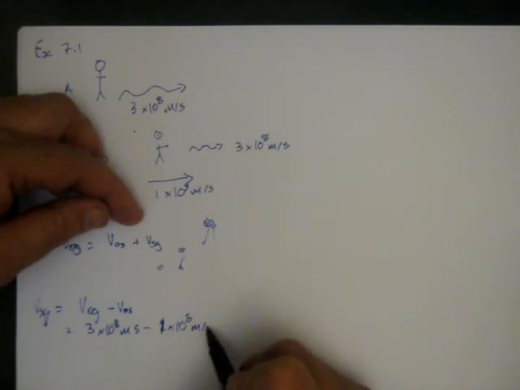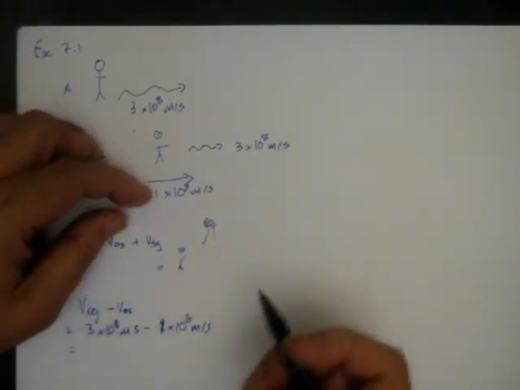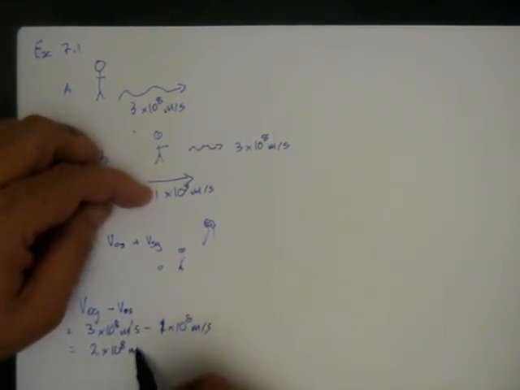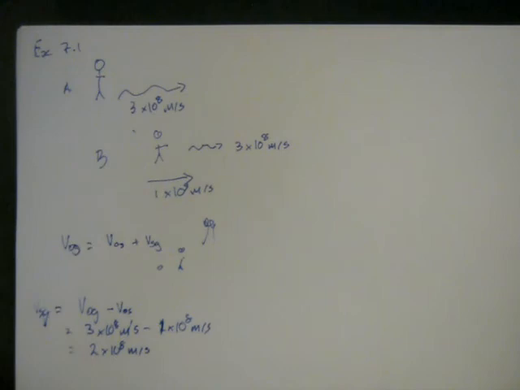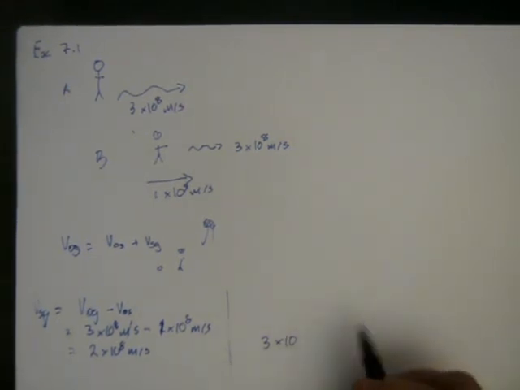So according to the classic Galilean reference system, it should equal 2 times 10 to the 8 meters per second. But according to Einstein, the person in the van should be seeing the light travelling at 3 times 10 to the 8 meters per second.